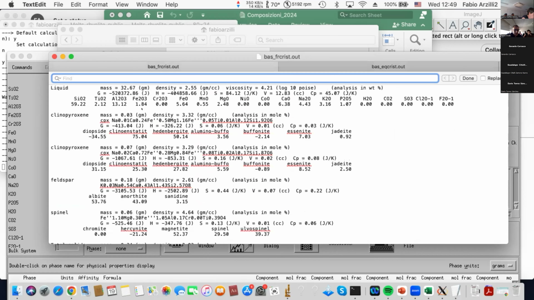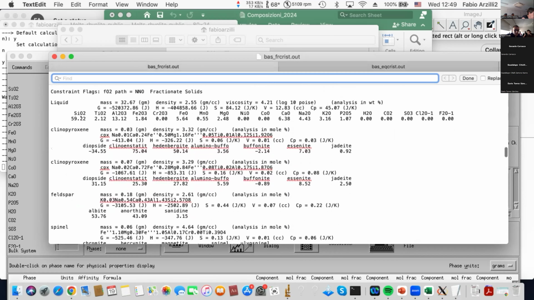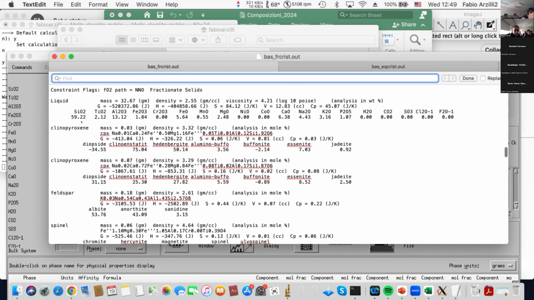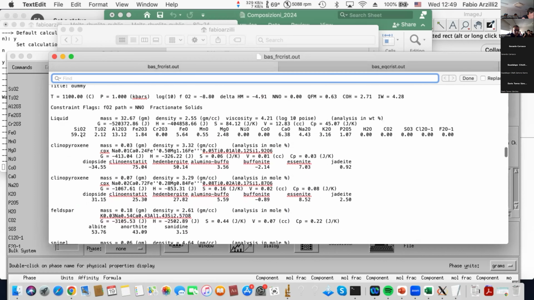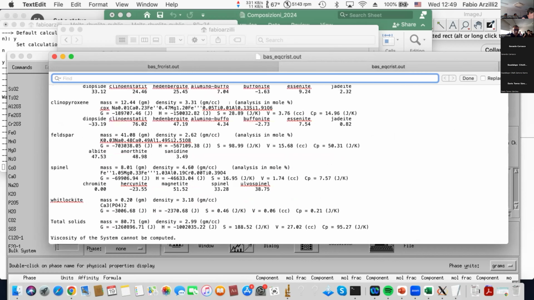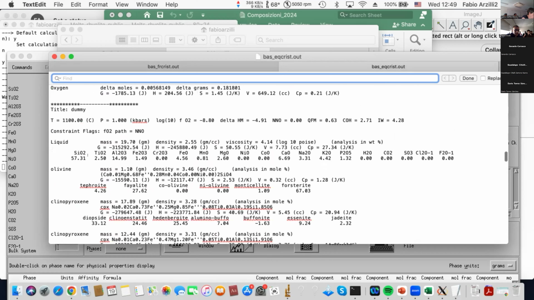For the fractional crystallization, since the crystals were removed, we have much less solid in equilibrium with this liquid, and the liquid reached 59 as a silica. Regarding instead the equilibrium one, the silica is 57. So we start to see some changes in the residual liquids.